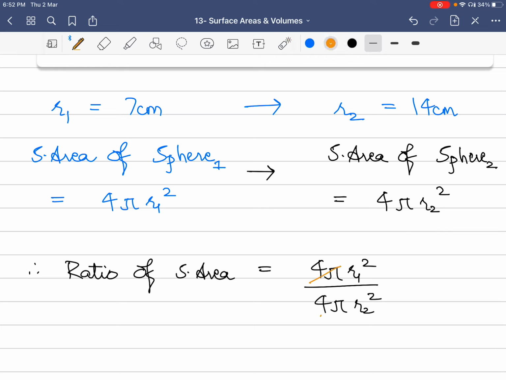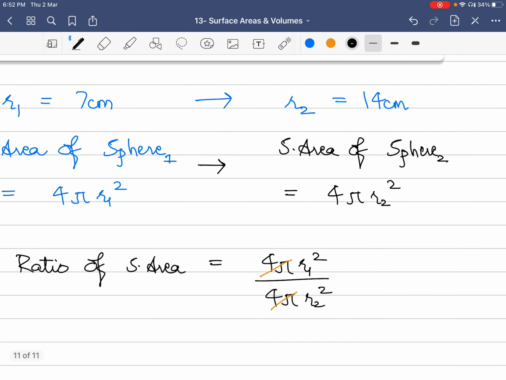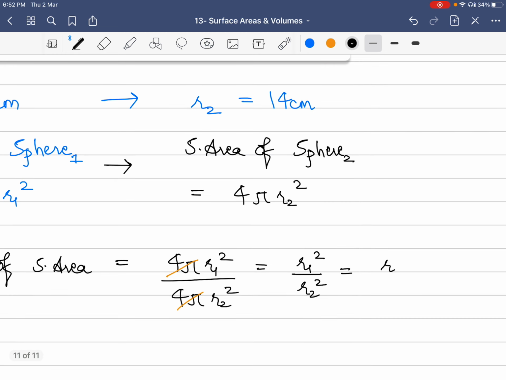What remains is r1 square divided by r2 square. This can be written as r1 divided by r2, the whole square. I'm just transferring the square exponent to the entire fraction.